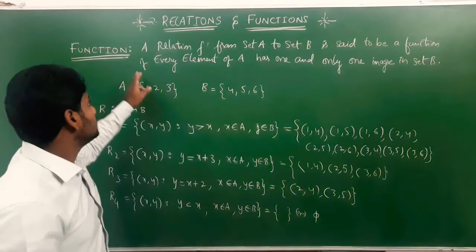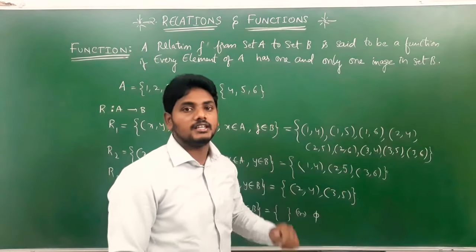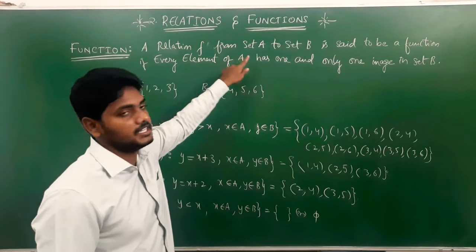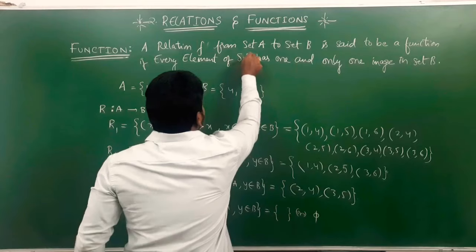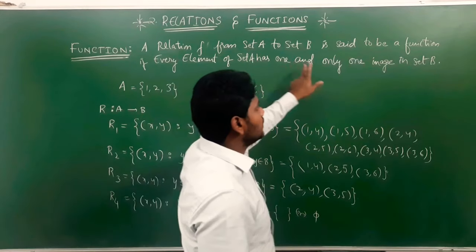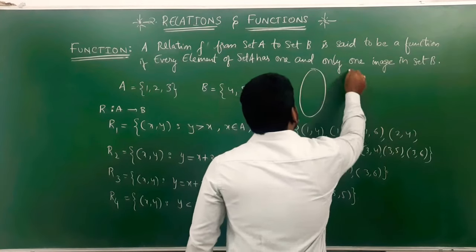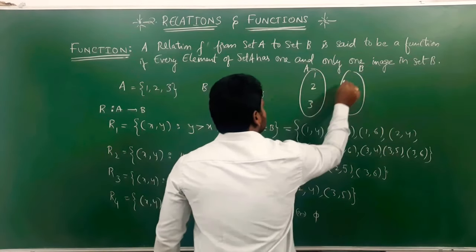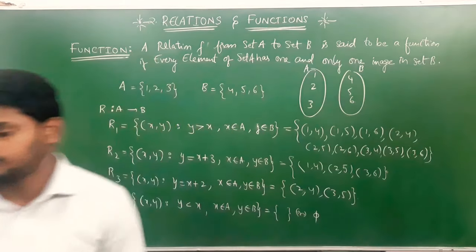Let us see once again. A relation f from set A to set B is said to be a function if every element of set A has one and only one image in set B. Let us see. This is set A and this is set B. Set A contains 1, 2, 3. Set B contains 4, 5, 6.